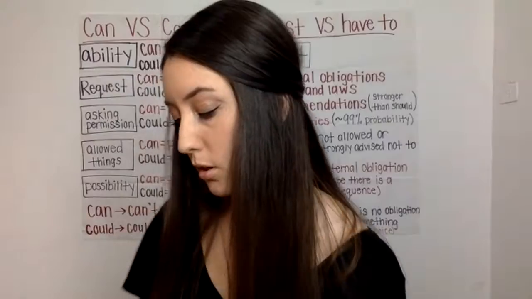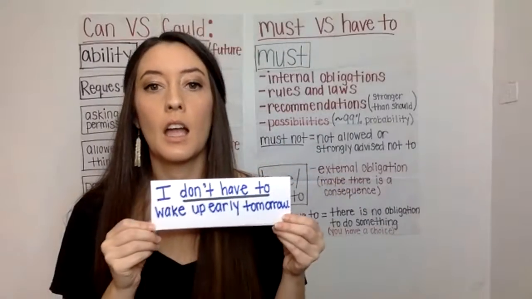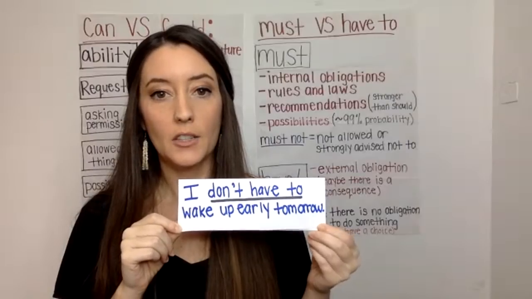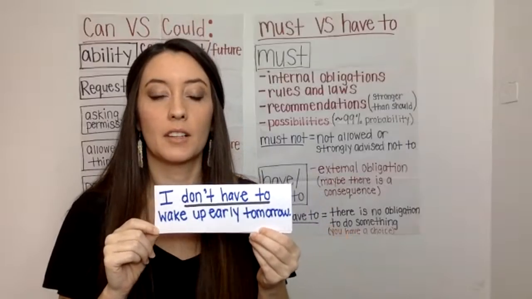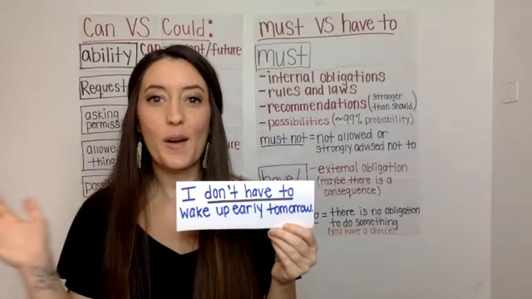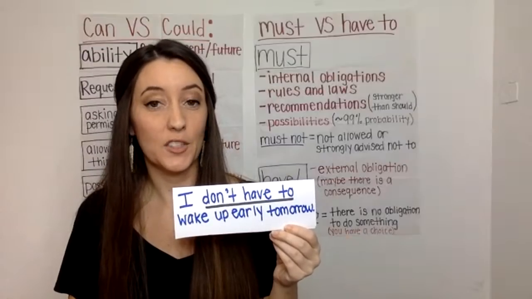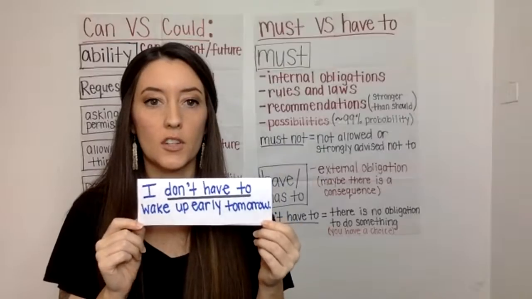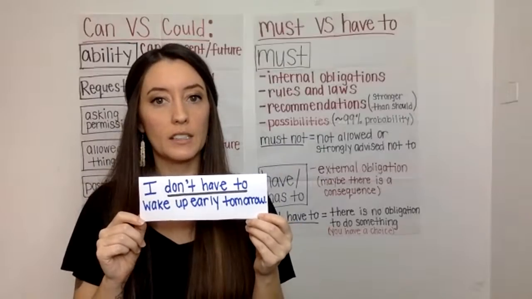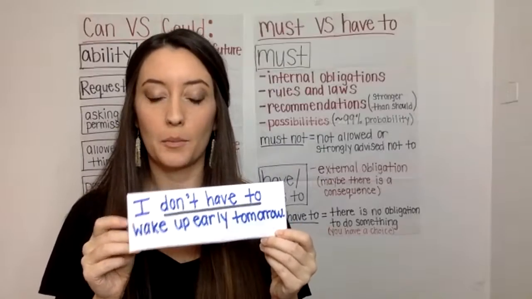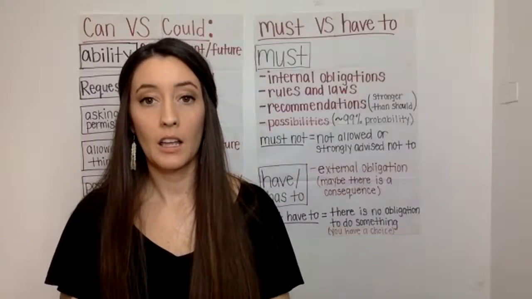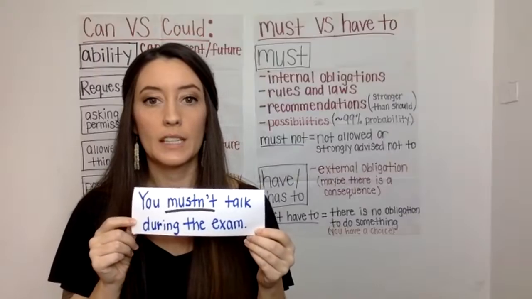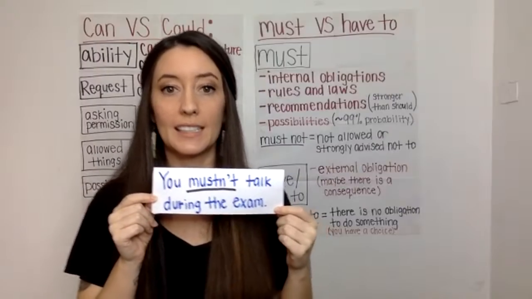Okay, for example, I don't have to wake up early tomorrow. I have a choice. There's no obligation. Maybe I don't have to work tomorrow, so I don't have to wake up early tomorrow. I have the choice what time I can wake up. However, mustn't or must not, you say you mustn't talk during the exam.